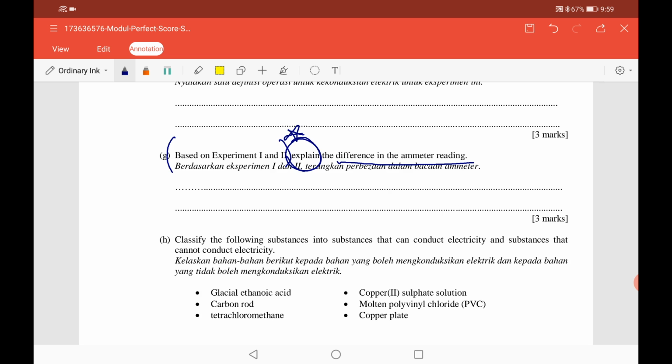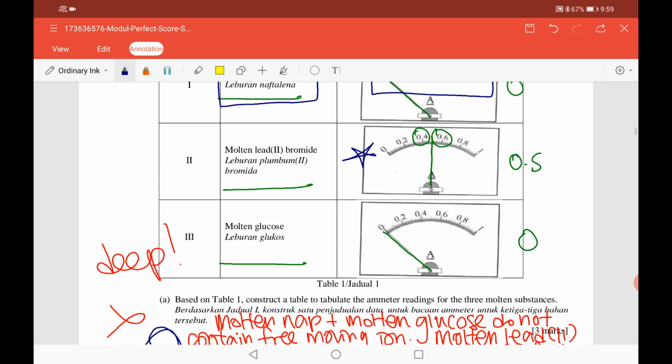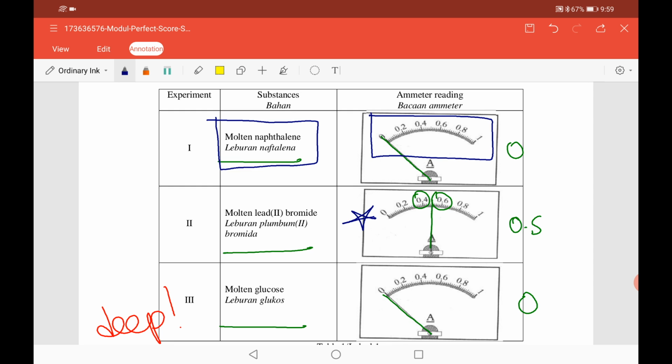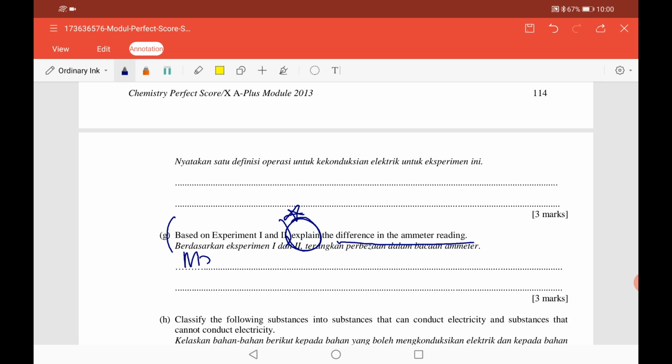Experiment number 1, molten naphthalene. Ammeter reading 0. 0 means cannot conduct electricity. Why can it not conduct electricity? When they ask you to explain, then you go deeper. Then only tell people why it cannot conduct electricity.